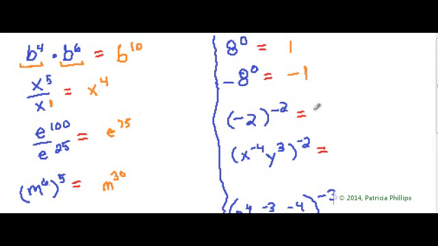We need to write the reciprocal of that, and when we put the negative exponent in the denominator, it will become positive. So this is how that is done. 1 over negative 2 to the power of 2.